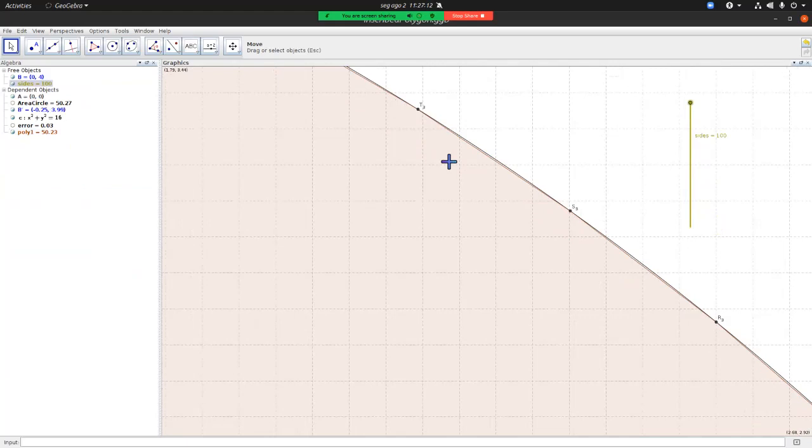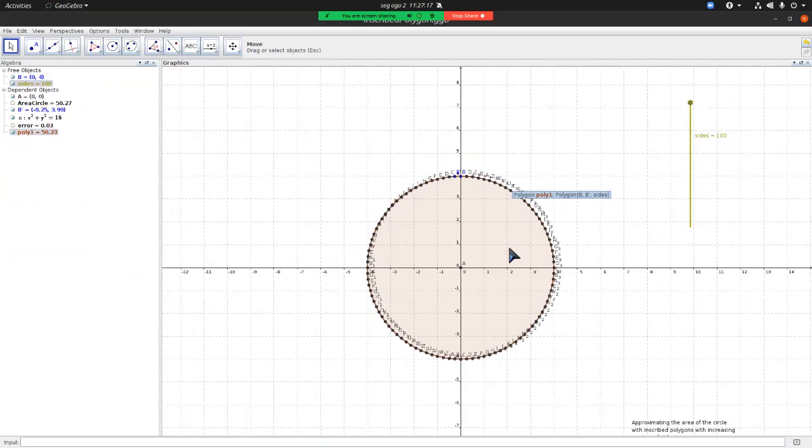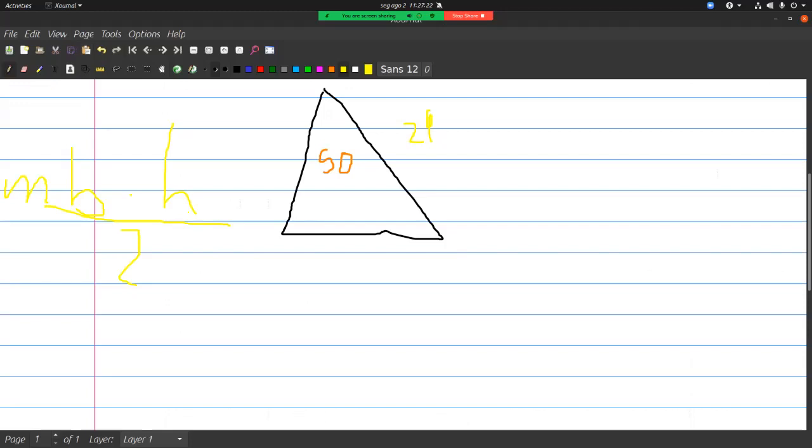If I put like 100 sides, the difference is very small, we cannot even see it. So the height gets approximately equal to r, and n times b gets approximately equal to the perimeter.